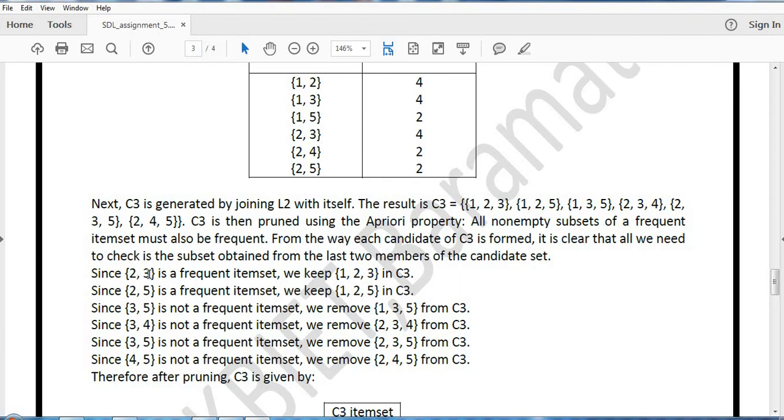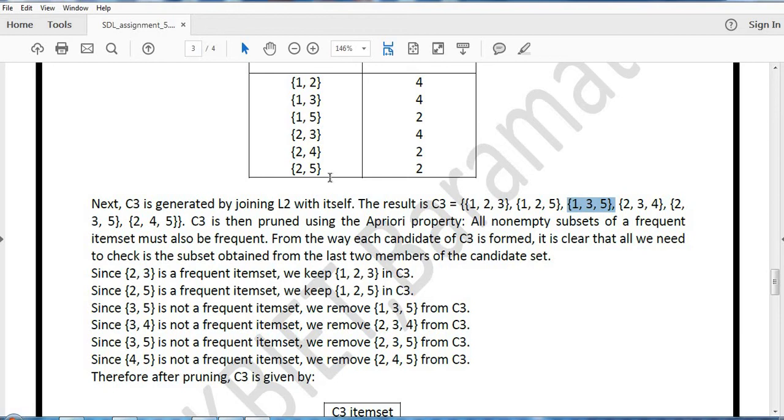Since 2 3 is a frequent item set, we can keep 1 2 3 in C3. Since 2 5 is a frequent item set, we keep 1 2 5 in C3. Since 3 5 is not a frequent item set, you can see here that you don't have 3 5, so we prune this subset.